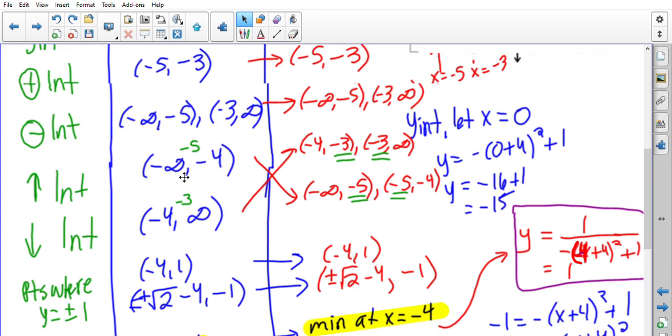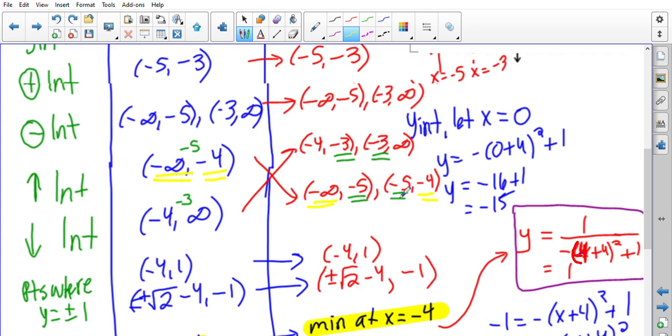I want you to ask yourself, which of the 2 vertical asymptotes occurs within that interval? So, the vertical asymptote -5 occurs here. So that means my interval of decrease on the reciprocal will be -∞ to -5, and then -5 to -4. And then you see that here. Again, noticing, okay, that the end values match up here.